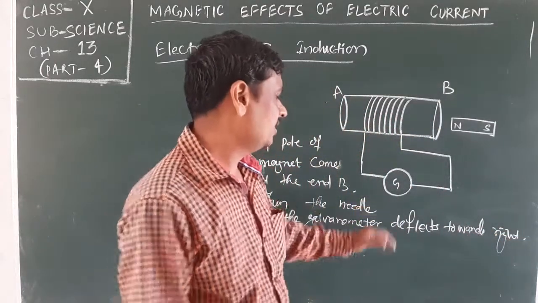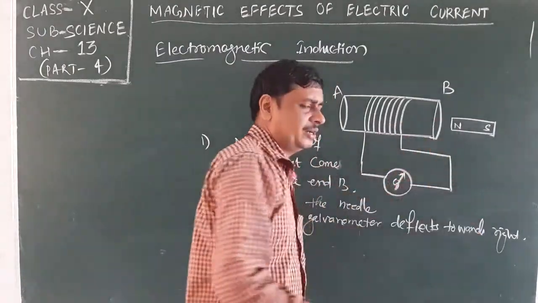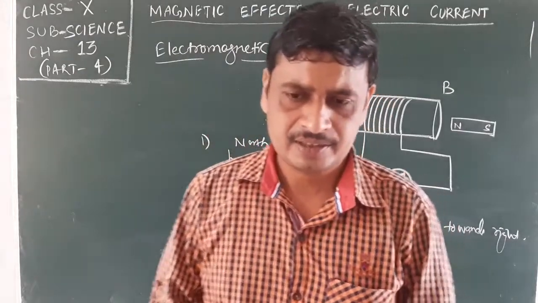It is observed that the needle of the galvanometer deflects towards the right side.